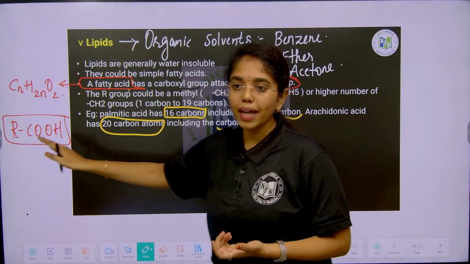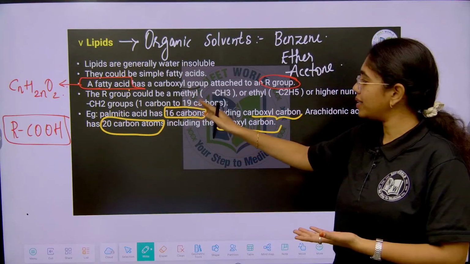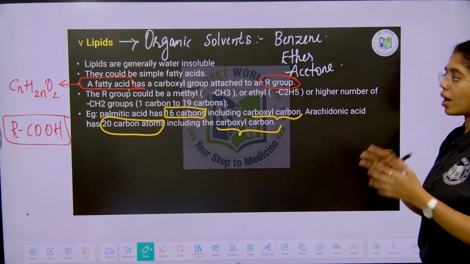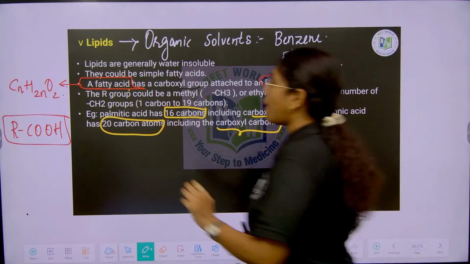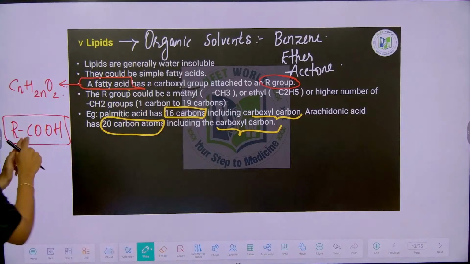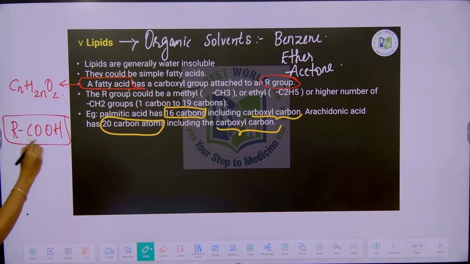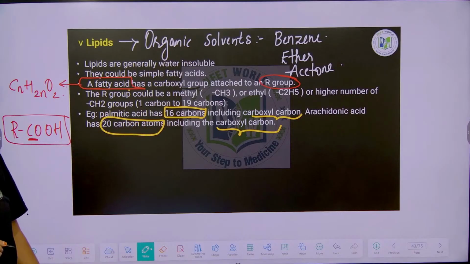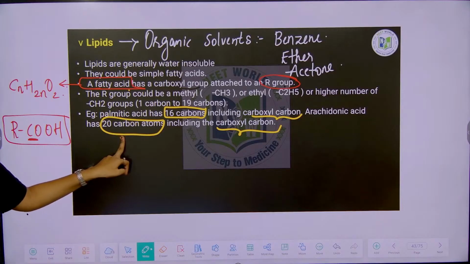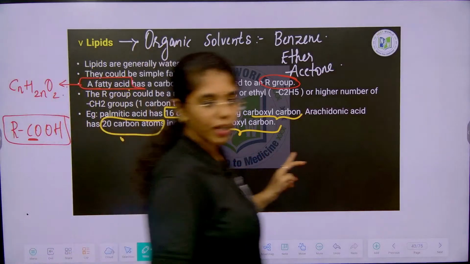The R group can be a single carbon, methyl or ethyl, or a higher number of carbons. Palmitic acid has how many? 16 carbons. Arachidonic acid, along with the carboxyl carbon, has 20 carbon atoms. The intro is clear, right, with respect to lipids.